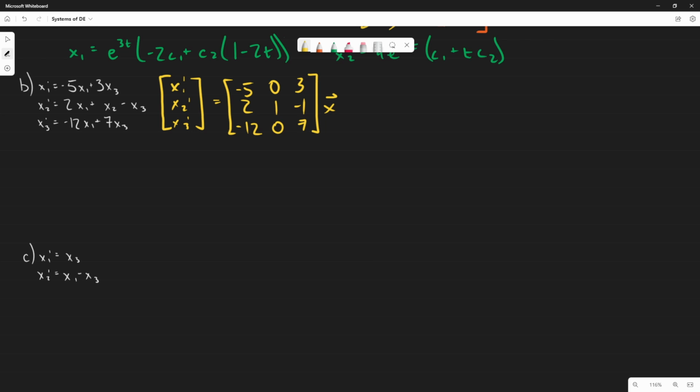Cool. Now when we do all the math, we will get an eigenvalue of lambda equal to 1, and it will have a multiplicity of 3. Additionally, it will give us 2 Jordan blocks.